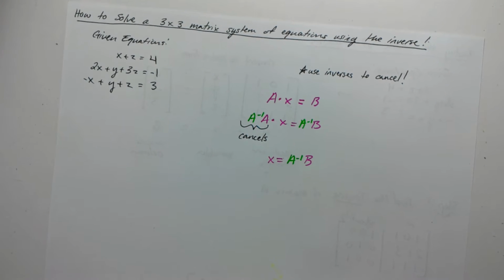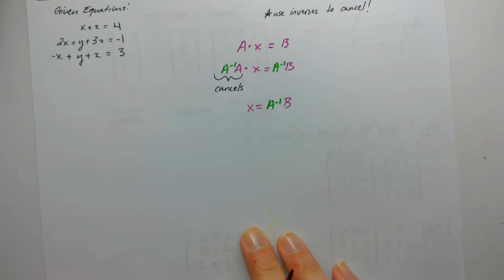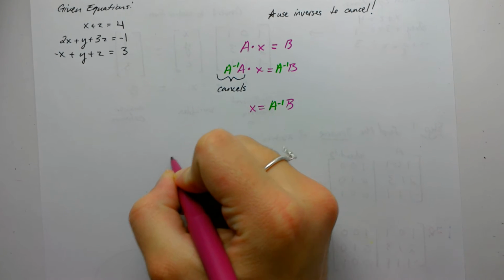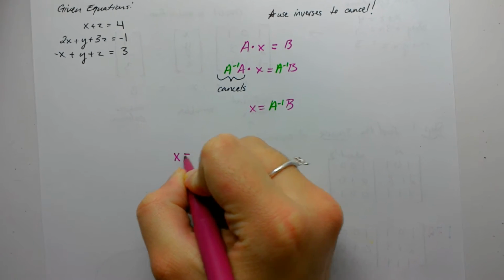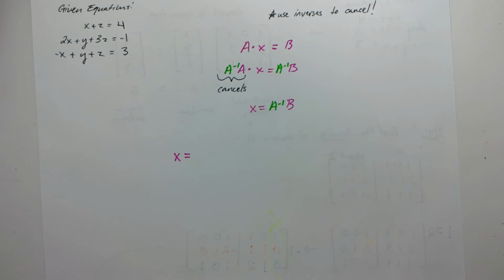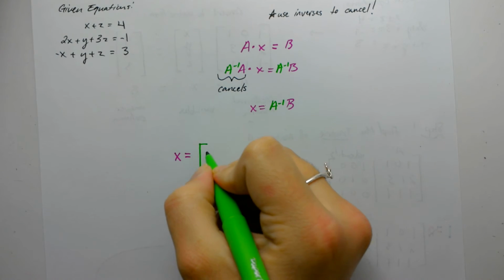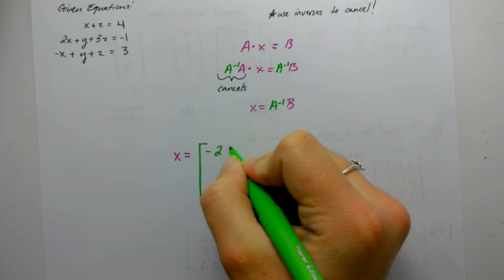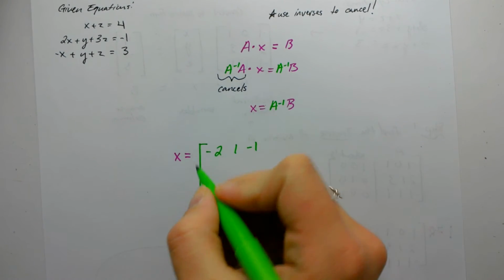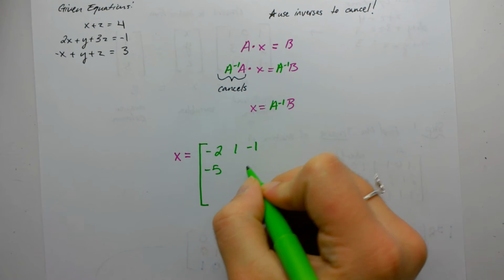Okay, so now I'm going to go ahead and start writing it out. I'm going to bring in my inverse that I already have found. Again, if you want to find that, please go find that on your own, but just trust that this is the inverse that was already calculated.